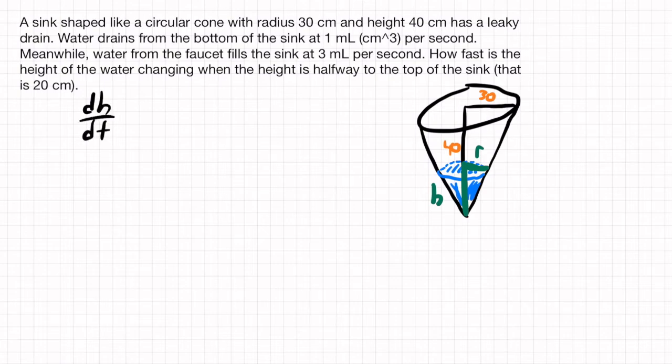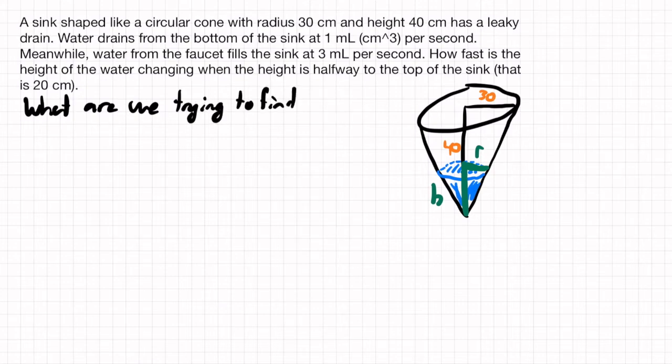And so this is the first really important step when it's particularly a related rates problem: we need to answer the question, what are we trying to find? And in this case, the answer is dH/dt.